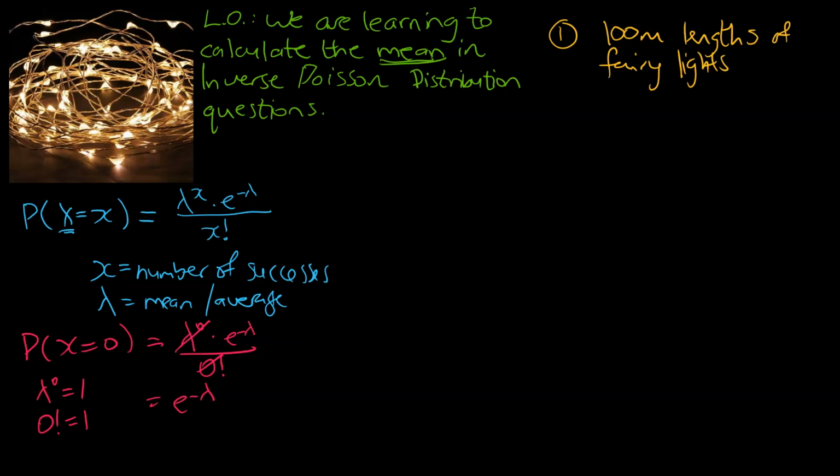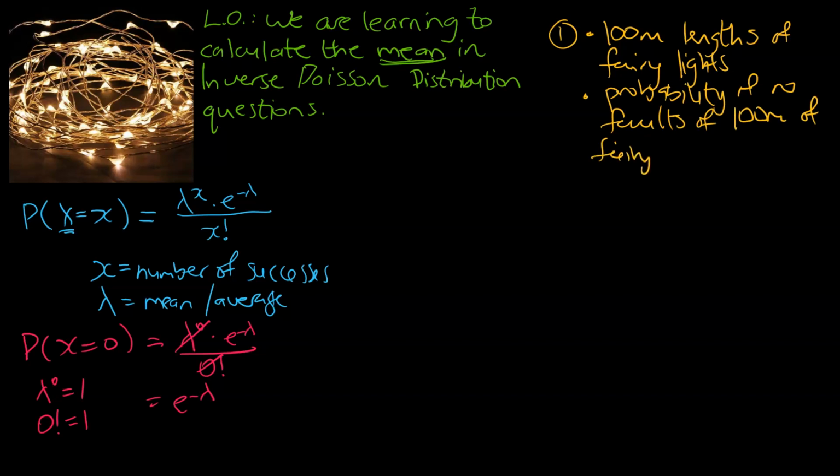Based on the scenario, we also found out that the probability of no faults over 100 meters of fairy lights was 0.1496.